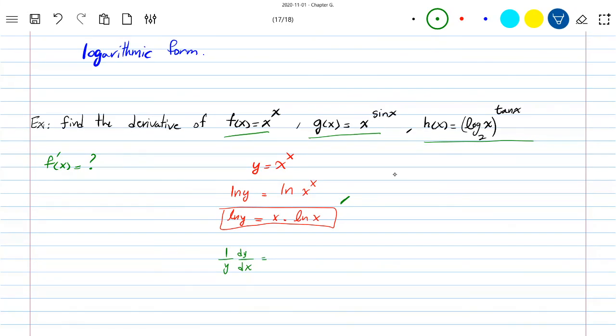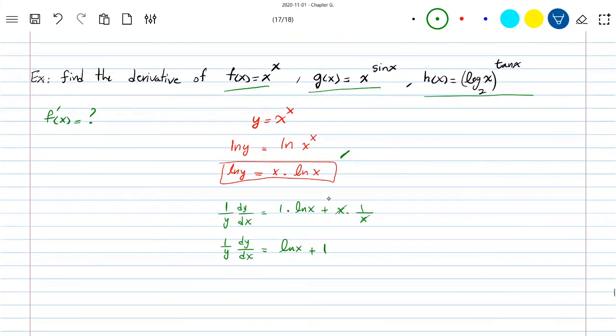It should be 1 times ln x, plus x times the derivative of ln x, which is 1 over x. You can simplify it a bit: 1 over y dy over dx equals ln x, plus these two cancel out and we get plus 1.